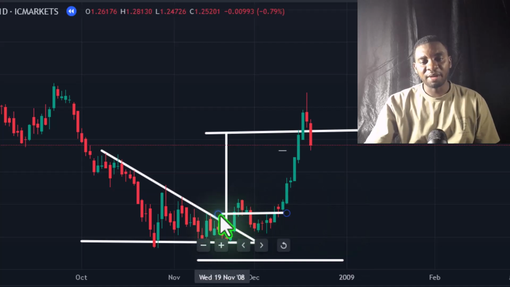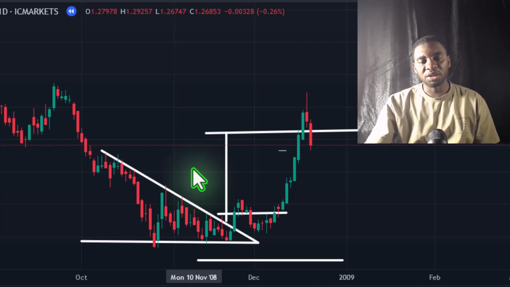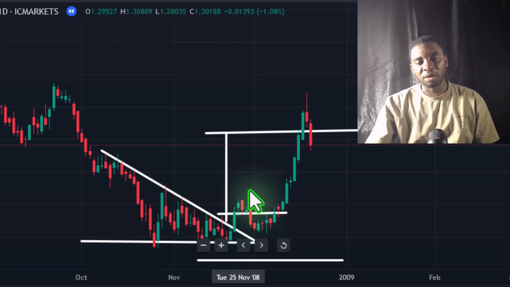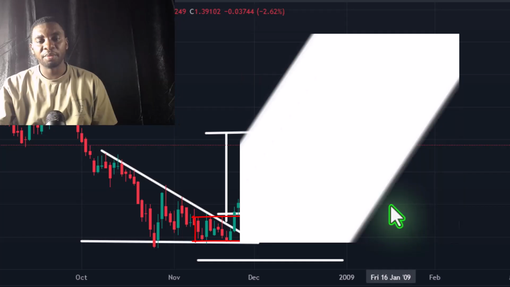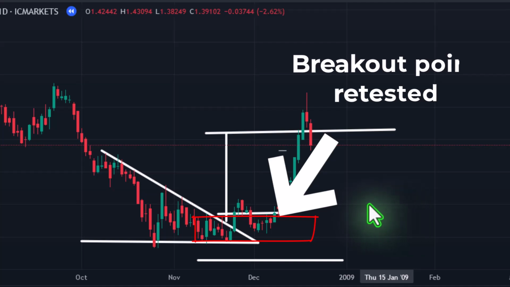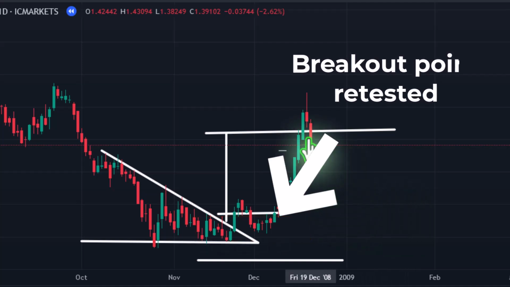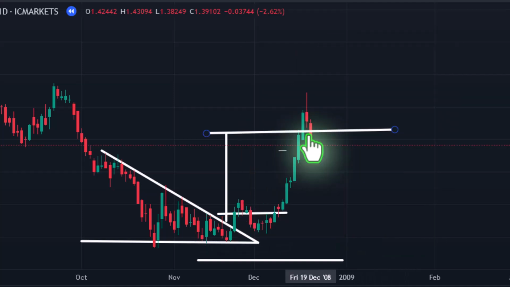After the breakout, what have you noticed in this price behavior? After the breakout, price came all the way to retest the breakout point. You can see price came and retested the breakout point before heading to hit our take profit.